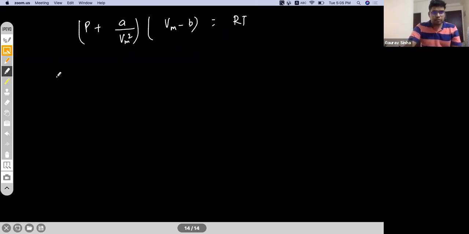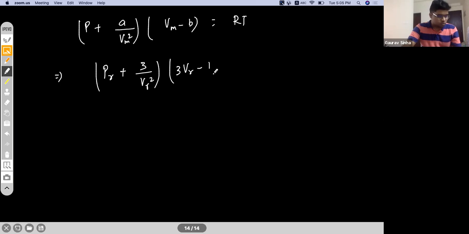So when you solve this, the expression that you get is (Pr plus 3 by Vr square) into (3Vr minus 1) is equals to 8 times Tr.